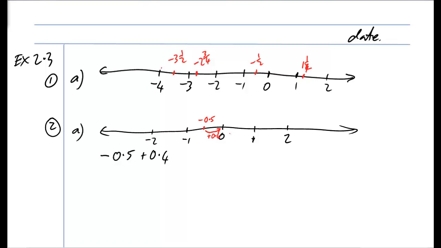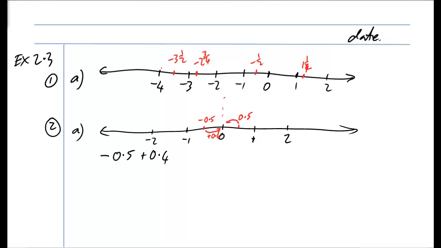Now, if you think about the opposite, the mirror image would be 0.5, take away 0.4. Imagine a mirror down the middle and you're reflecting this over to this side.